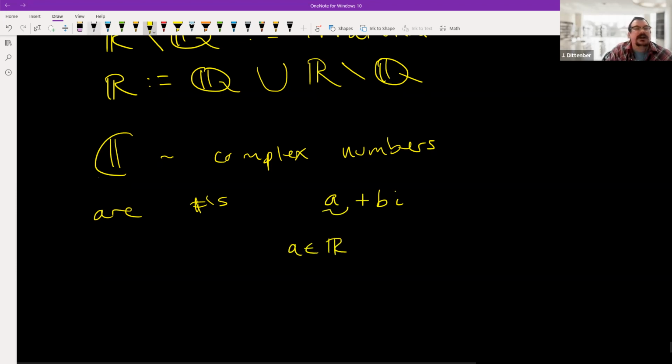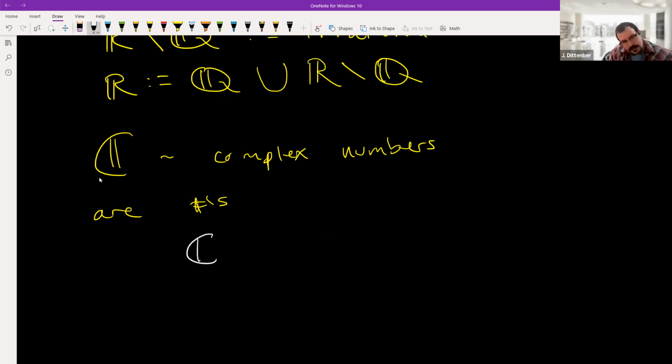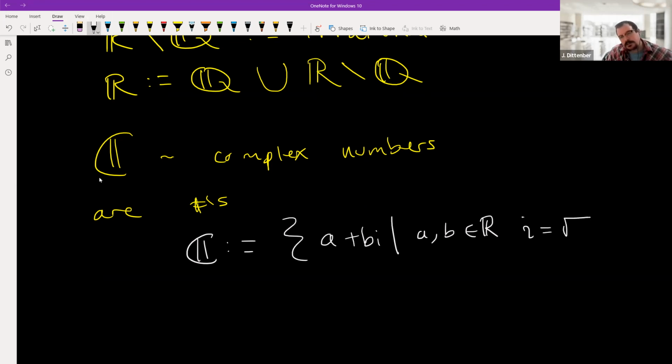Actually, I can write it like this. The complex numbers C is defined to be these numbers a plus bi, such that a and b are real numbers, and i is equal to the square root of -1.